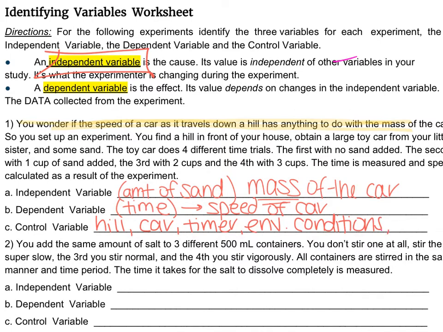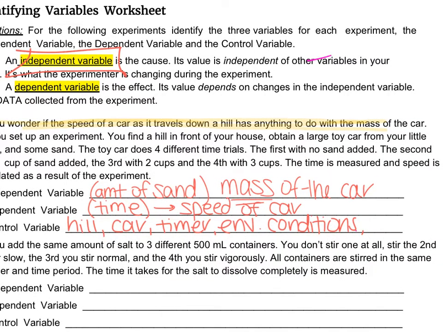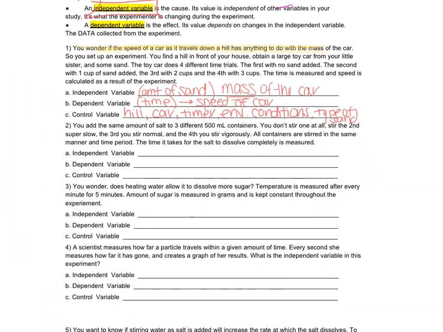One day windy, one day not windy. It all has to be the same. So she did the 4 time trials on the same day. All right, and then also if you want to include that we put the same type of sand in each car, you could do that as well. Okay? All right, so that's number 1.